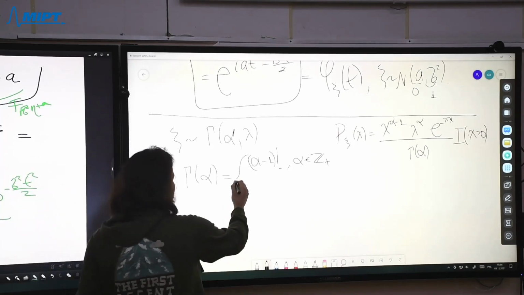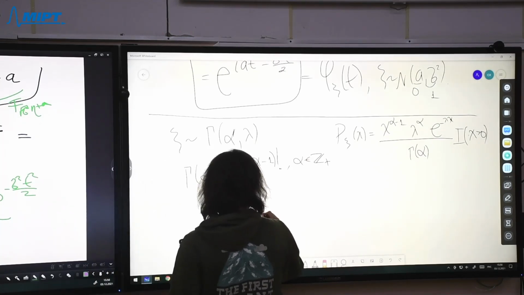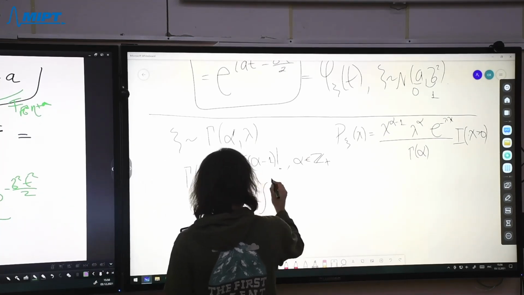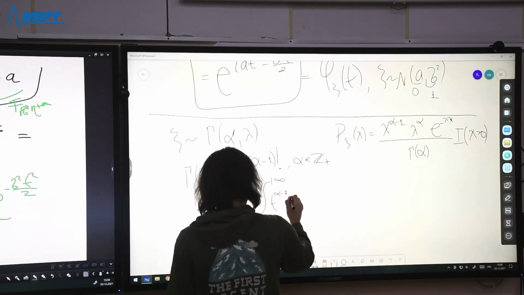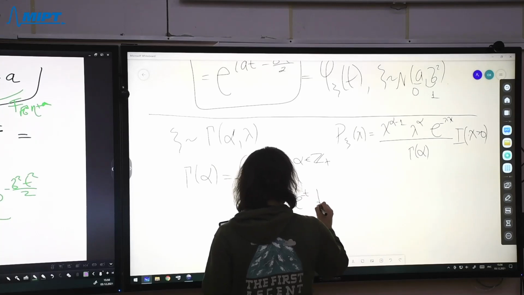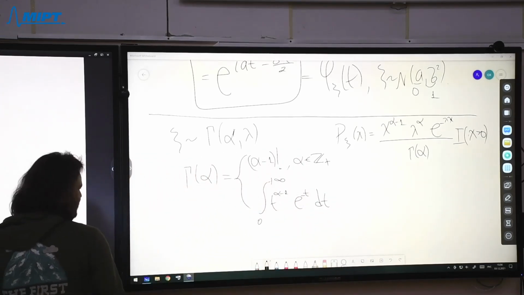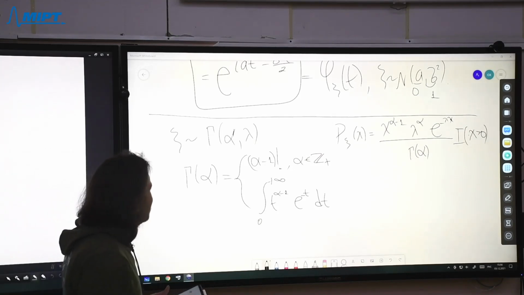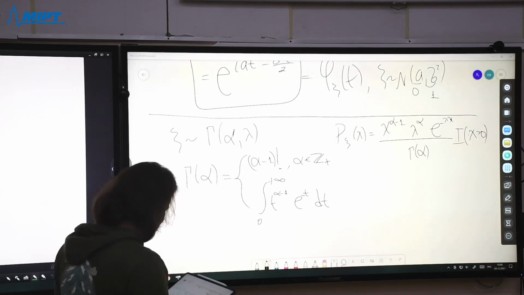And if alpha is any real number, then this is the integral from 0 to plus infinity of t to the alpha minus 1 e to the minus t dt. Don't worry, you don't need to learn this by heart. You just need to see this. That's it.